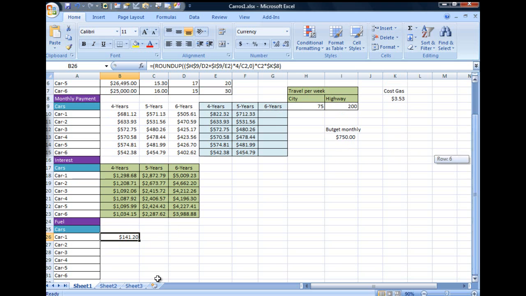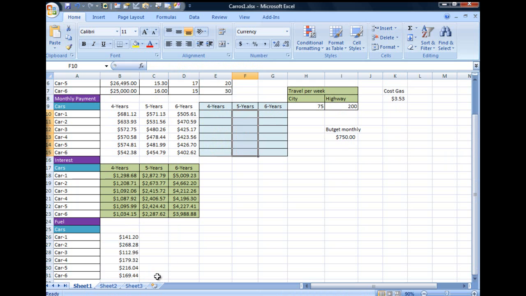Okay, now you drag this equation and we get the price for the other cars. Okay, perfect. Now, let me delete this part. Delete and delete.